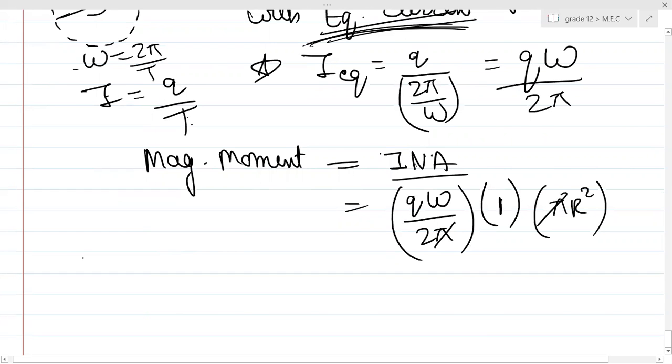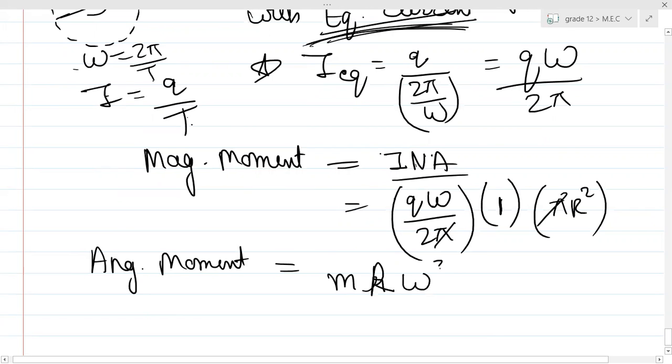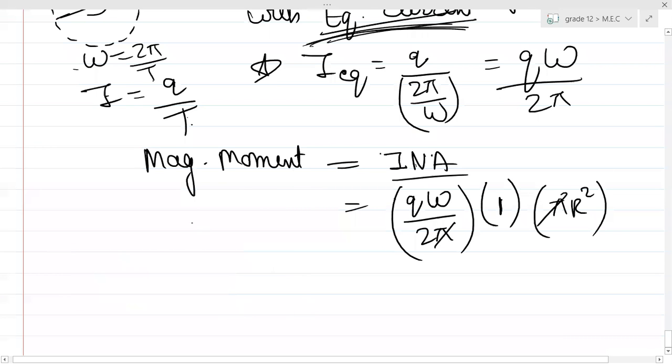Yes, sir. Now what is the angular momentum? For those who forgot the angular momentum formula, I am writing it again.